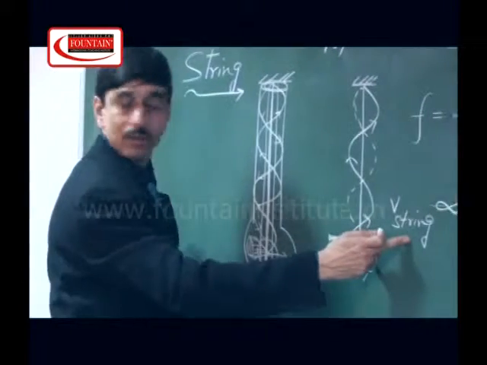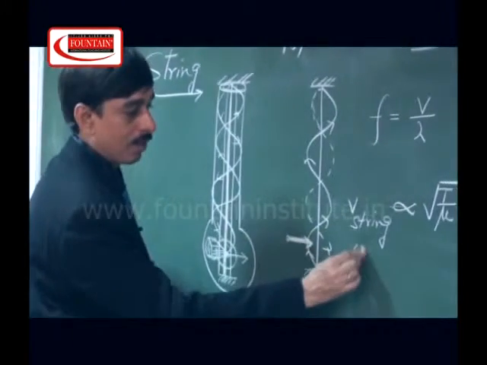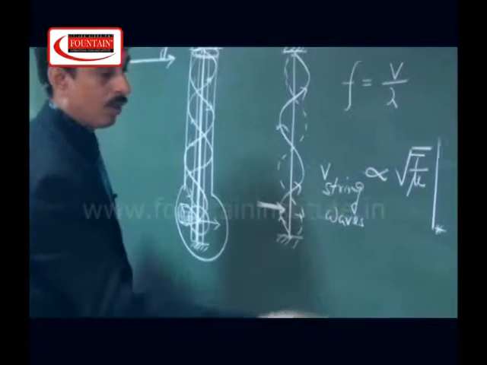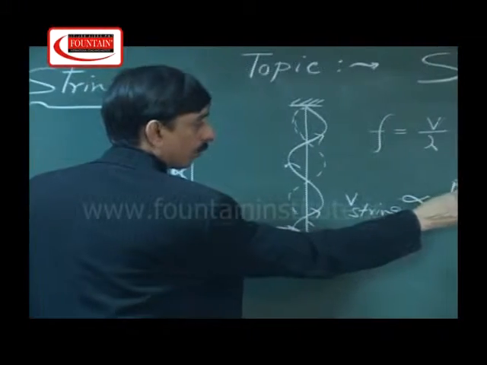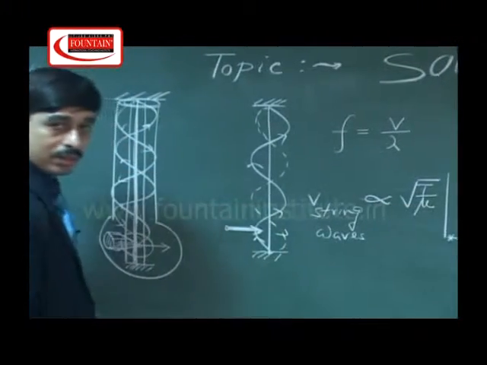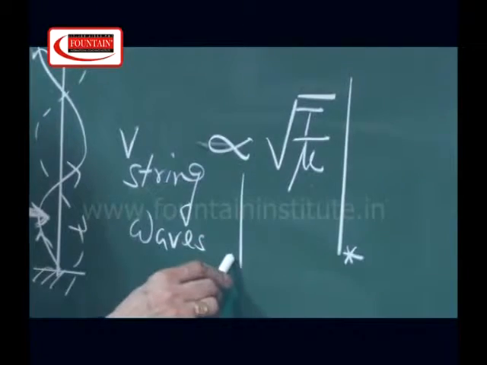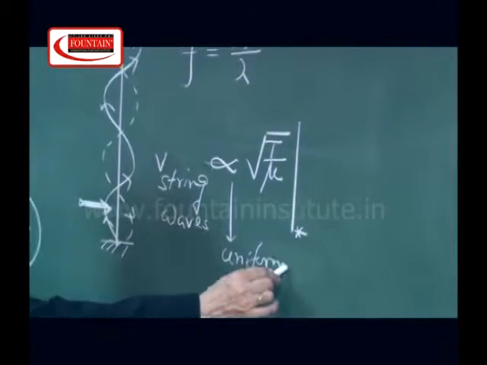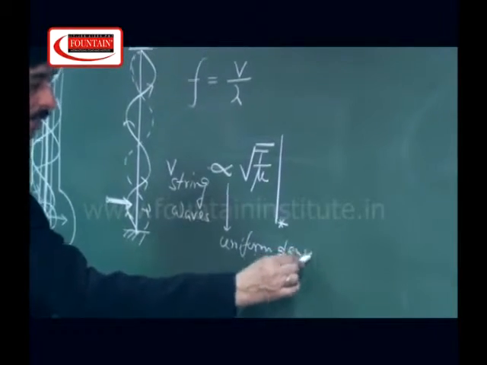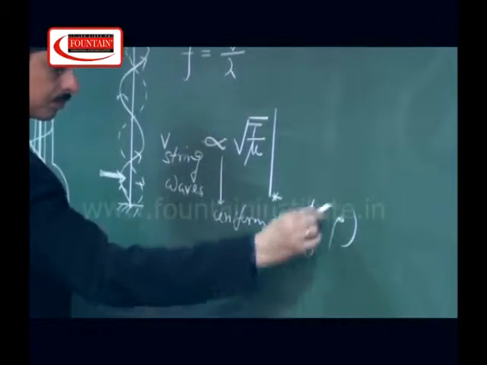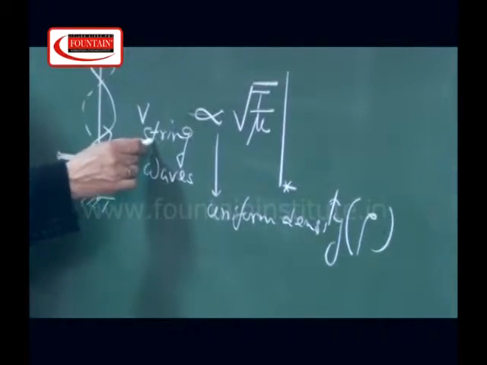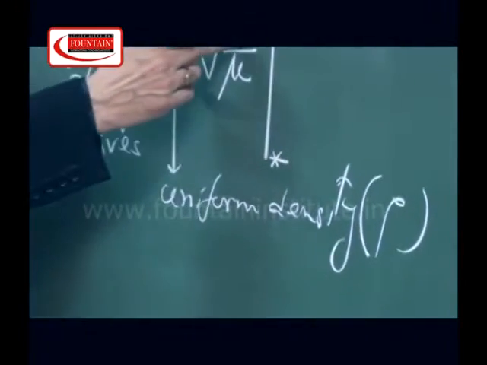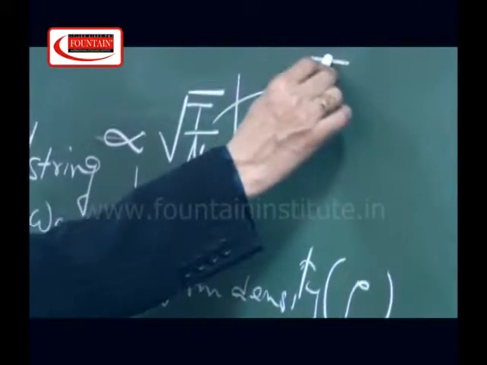The velocity of the string waves basically follows a simple analytical law: v is under root of T upon mu. If the string is made of a uniform dense object, the density is uniform, then the velocity of the string wave is under root of T. T is the tension of the string.